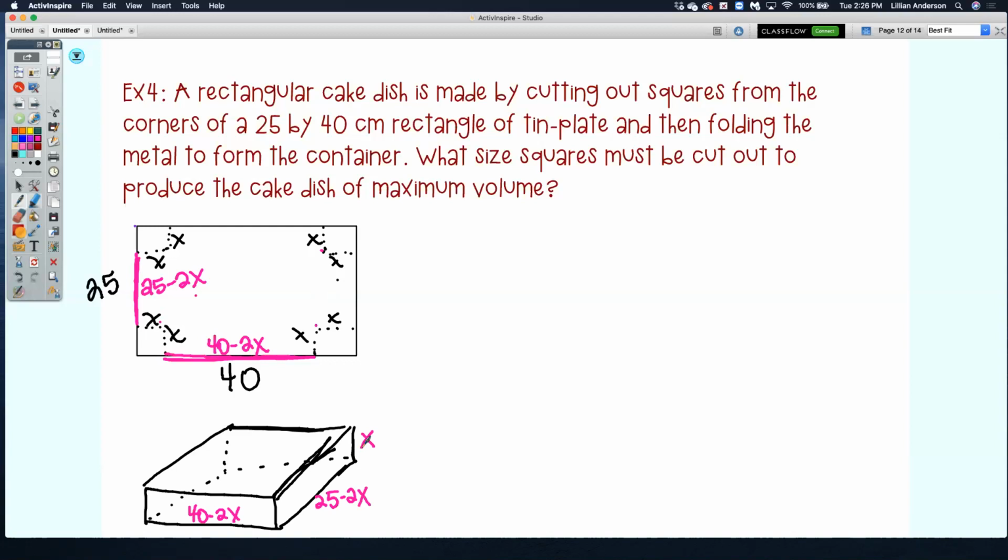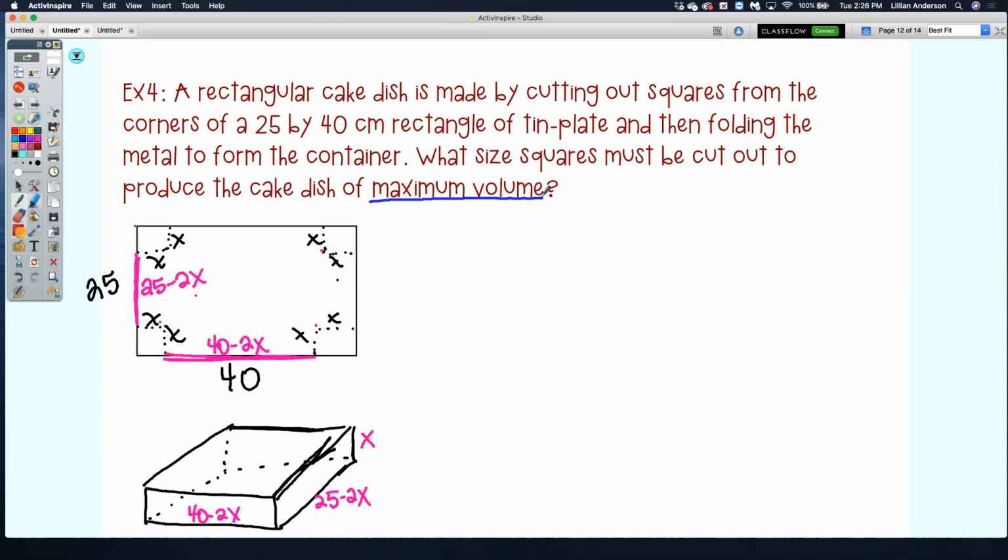Step 2 says to construct a formula that's going to be optimized. It asks us what size squares are going to help us produce a cake dish of maximum volume. That right there is key. Maximum volume. The equation that we need to create is the equation for volume of a rectangular dish.